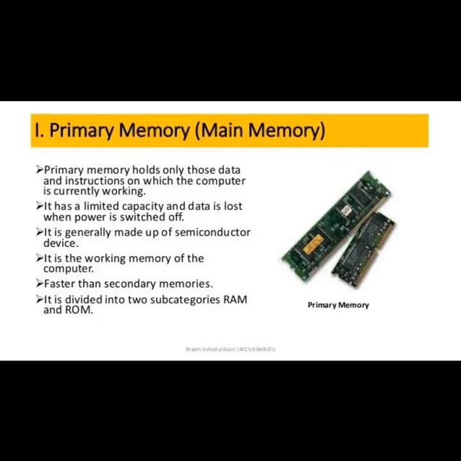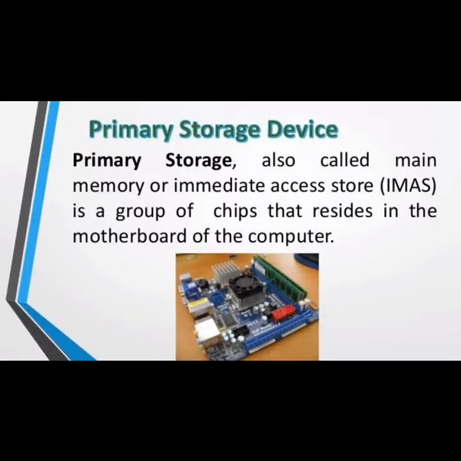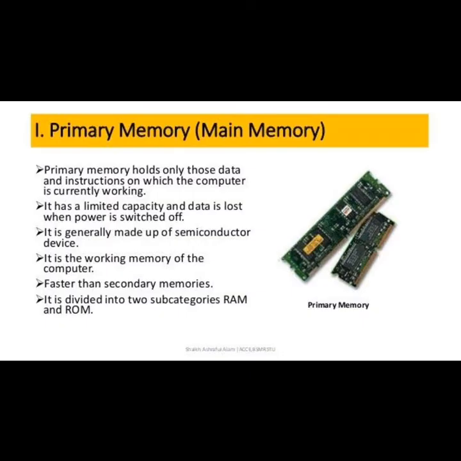Primary memory of the computer stores the data provided by the user. Primary memory is also known as internal memory. As you know, it is a temporary memory; the data is lost when power is switched off. It has less capacity than secondary memory.